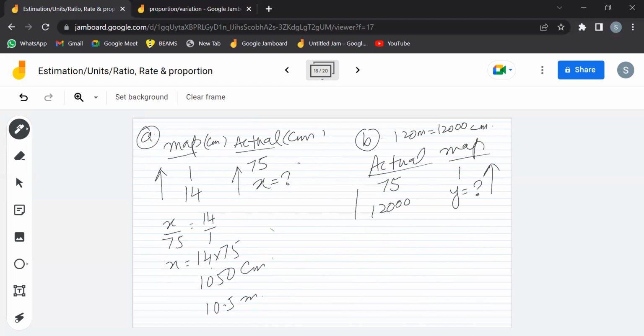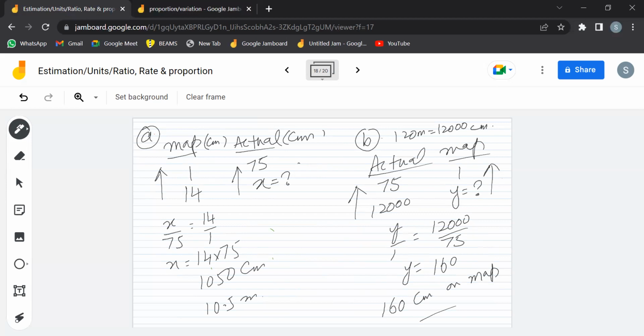Again, the arrow is obvious, a direct proportion. Then y over 1 is equal to 12,000 over 75, and 12,000 over 75 is the answer, 160 centimeters on the map.